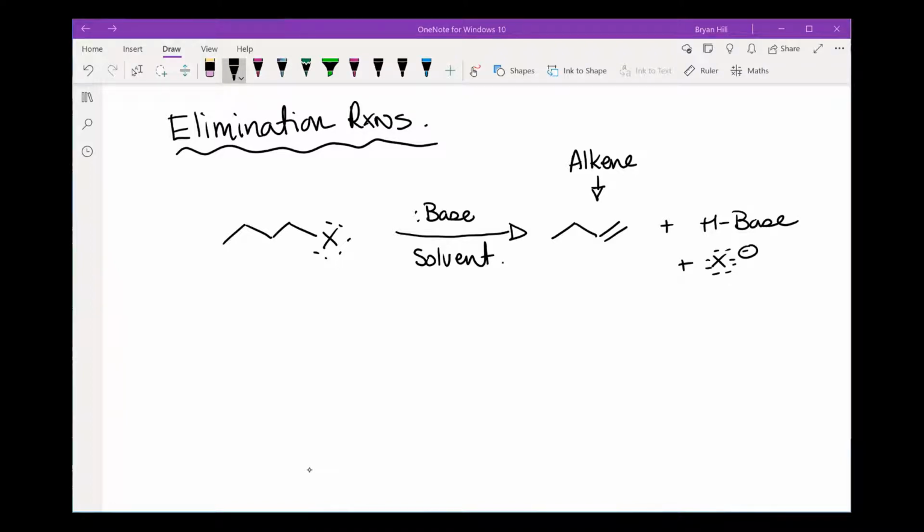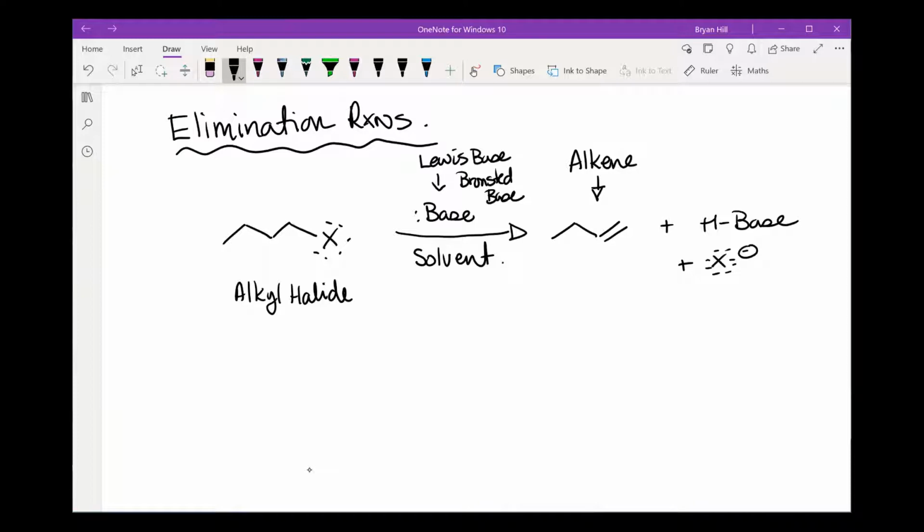So you've got an alkyl halide, you have a Lewis base, and the similarity with the substitution reaction is that it's a nucleophile, a Lewis base which happens to be a nucleophile. In the case of elimination reactions, it's a Lewis base, but it's actually a Bronsted base because it's going to be grabbing a proton.